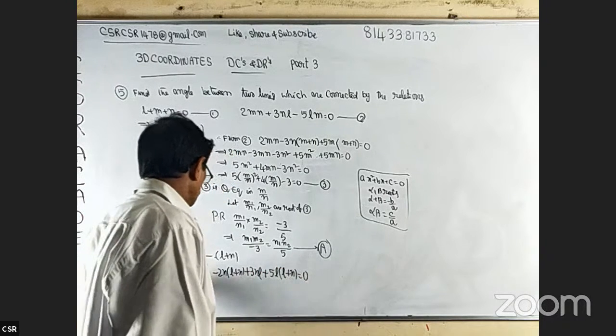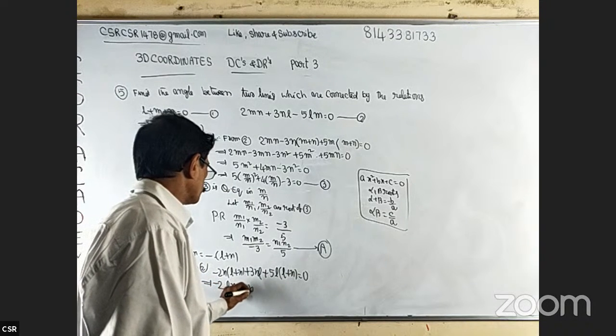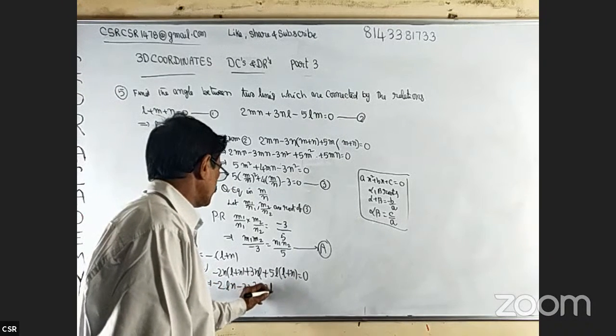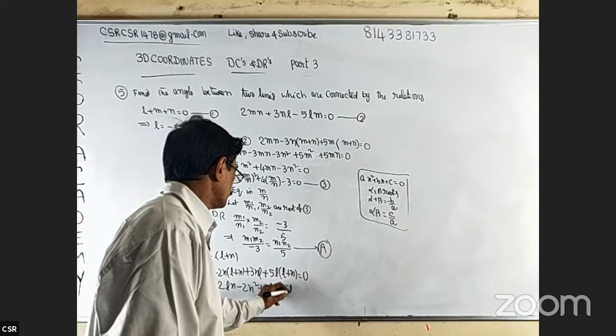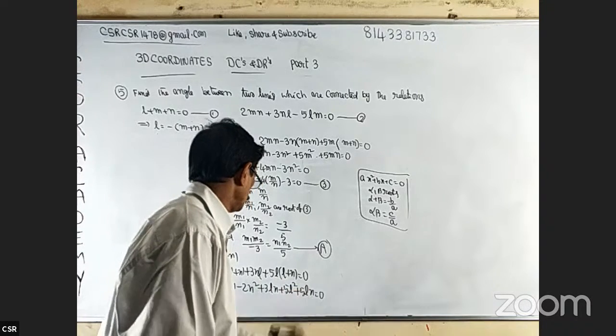This implies minus 2ln minus 2n square plus 3ln plus 5l square plus 5ln is equal to 0.